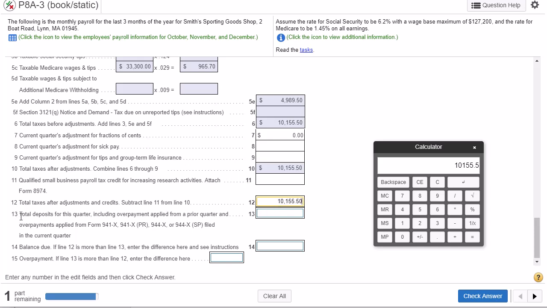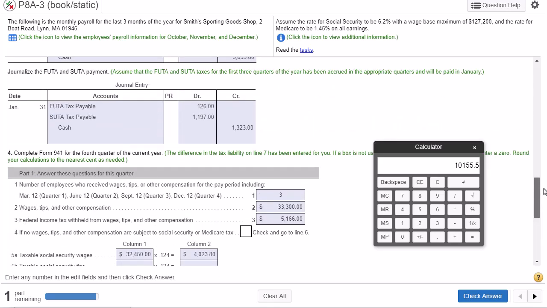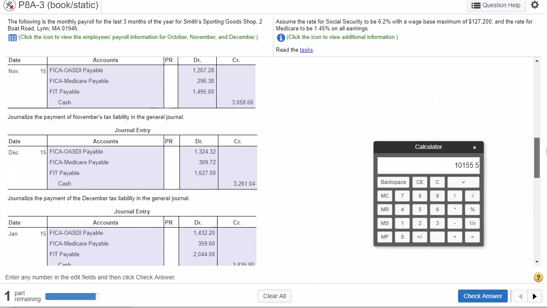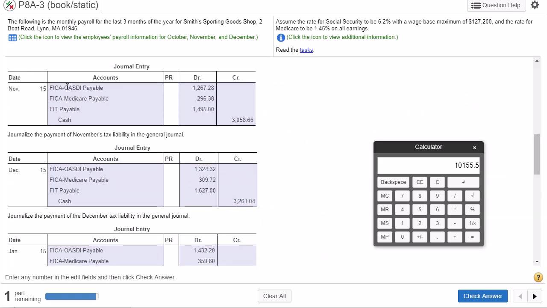Okay. And then line 13, total deposits for the quarter. So how do we find out how much we deposited? Well, we're going to go back up here. Remember where we paid for FICA FIT? Here's our FICA, and here's our FIT. So here's one payment of FICA FIT.